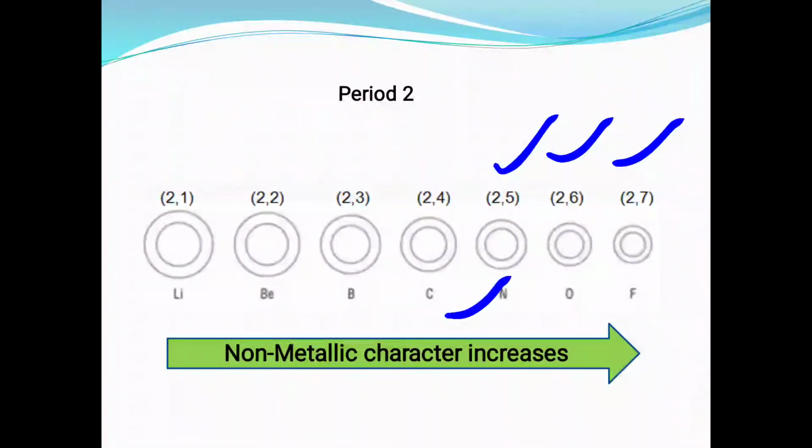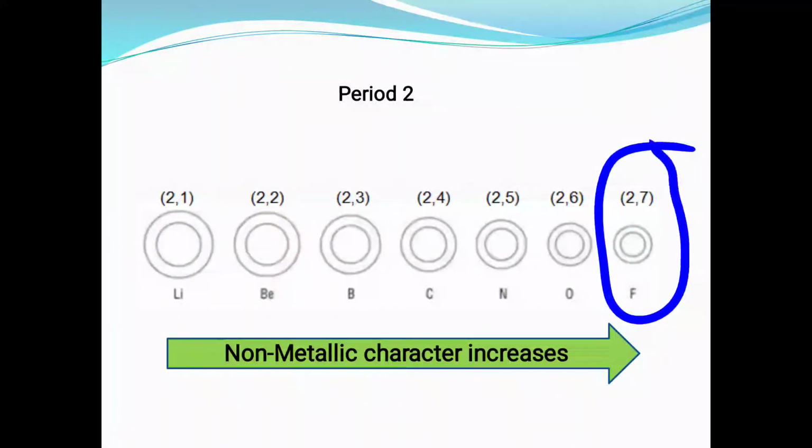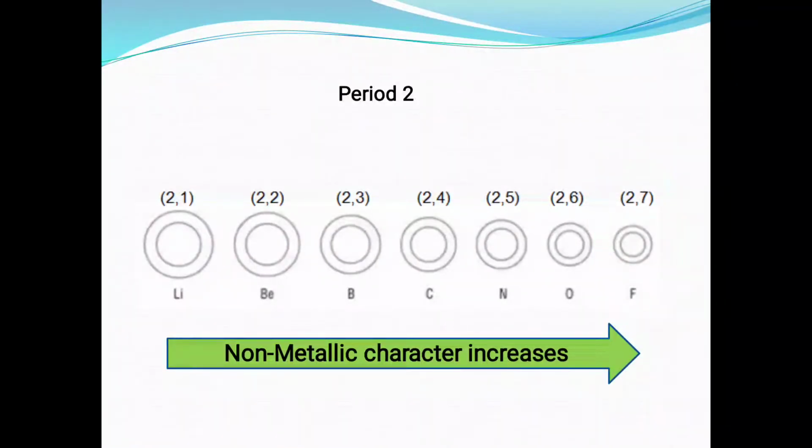See here, nitrogen has to accept 3 electrons, oxygen has to accept 2 electrons, fluorine has to accept 1 electron, and fluorine is the element which can accept the electron very easily because it has to accept only 1 electron. So it is a strong non-metal, right? That's why we can say non-metallic character goes on increasing while going across the period.